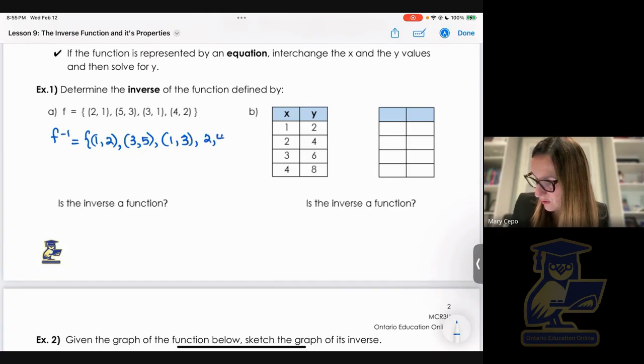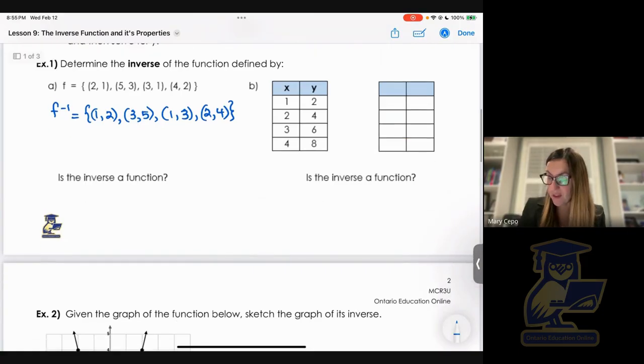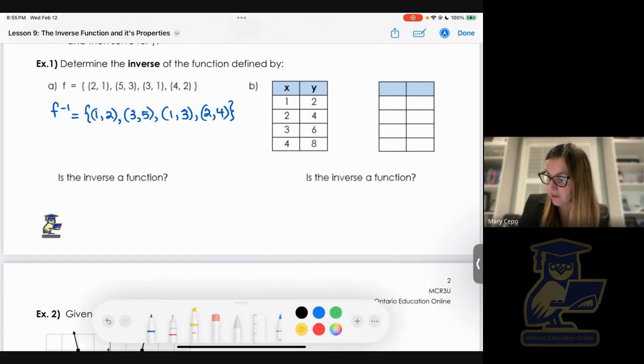(2, 4). Okay, if we recall right from the very first lesson that we did in this unit, we need to decide whether the inverse of the function is a function. Now, in order to decide whether that is the case, we look and observe our x values. If they don't repeat, we can say that the inverse is a function.